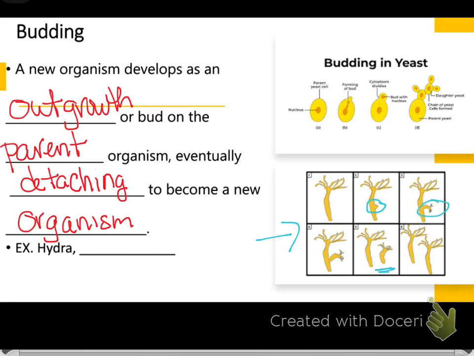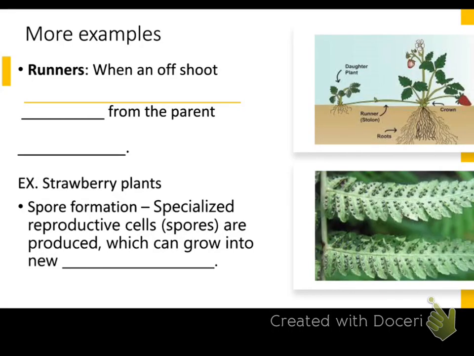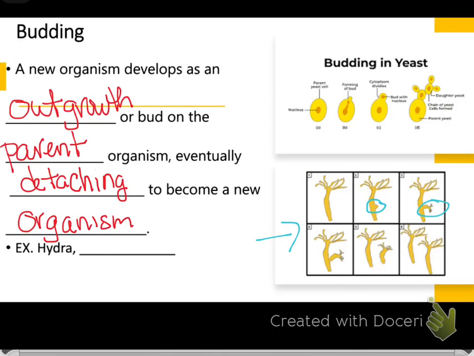Eventually that bud detaches, and then a new organism grows from the original organism. Another example is yeast, and you can see up here, you have your original organism, it grows a bud and creates more genetically identical offspring.